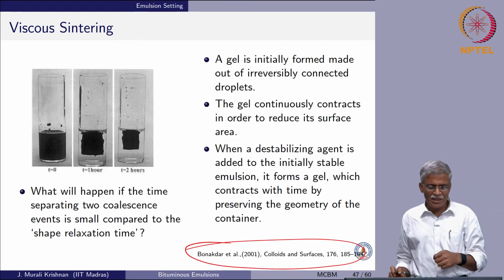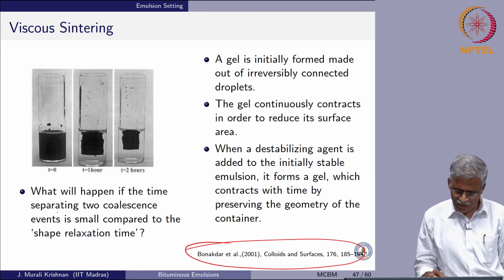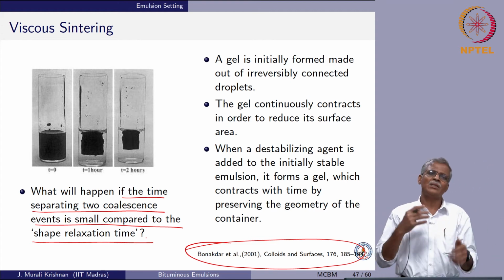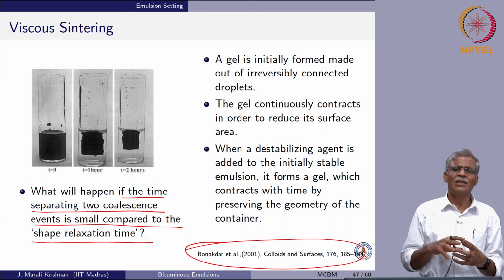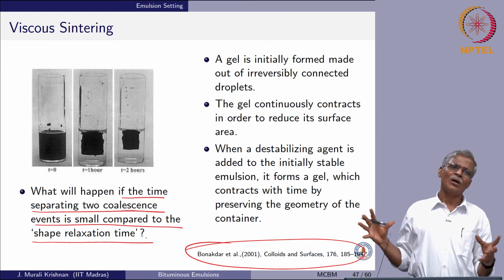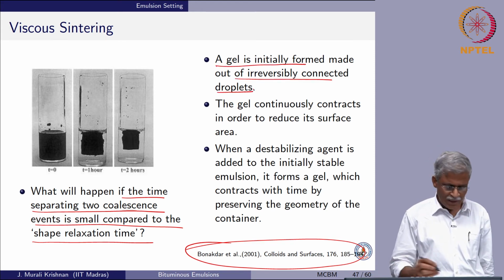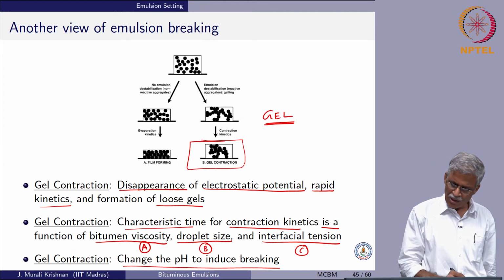The next interesting part is what will really happen if the time separating the coalescence events is small compared to the shape relaxation. So, that means coalescence is happening very fast, but the shape relaxation is taking sufficiently longer. What happens is a gel is initially formed made out of irreversibly connected droplets, which is what I mentioned here.